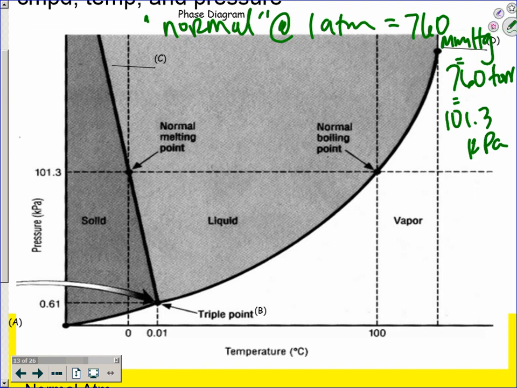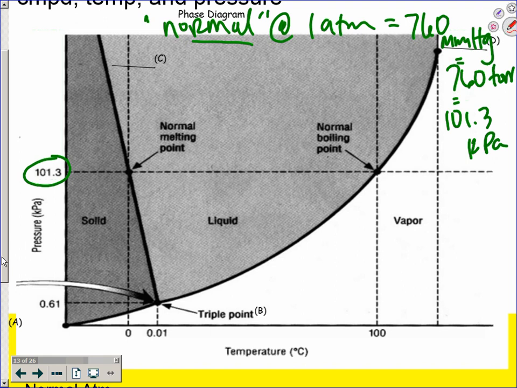Like 1 foot equals 12 inches, these things are working the same way. So when I say normal boiling point, or normal freezing point, or normal condensation point, it means the point at 1 atmosphere. So here's 1 atmosphere, which is 101.3 kilopascals. What I'm looking for is the temperature at which this phase changes from solid to liquid.